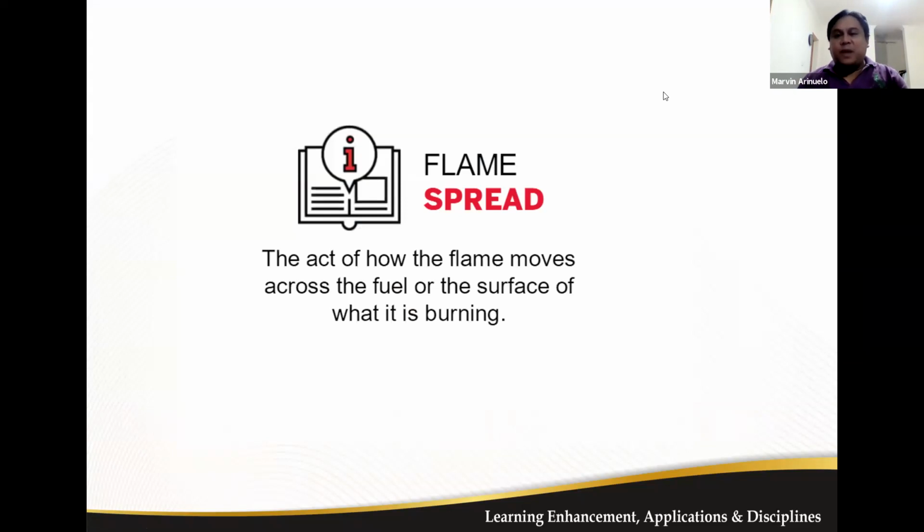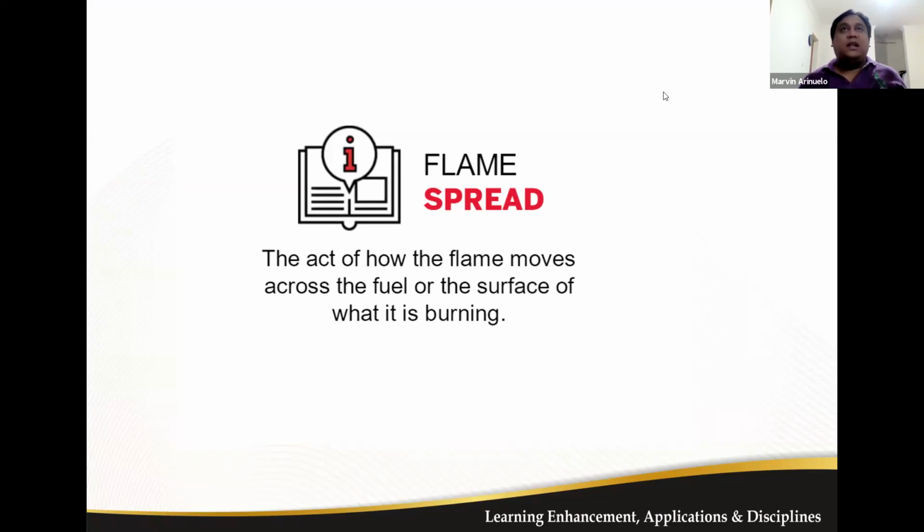So what is flame spread? Just as the term implies, flame spread references how the flame moves across the fuel or on the surface of what is burning. It is the mechanism of how the heat generated from the initial flame is transferred and ignites neighboring material.